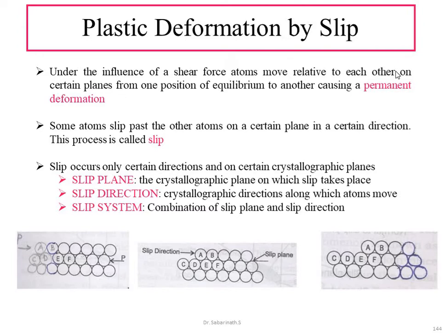Please stress this: on certain planes, from one position of equilibrium to another. This will cause a permanent deformation. When a shear force is applied like this, this layer will just move, and this will cause a deformation.